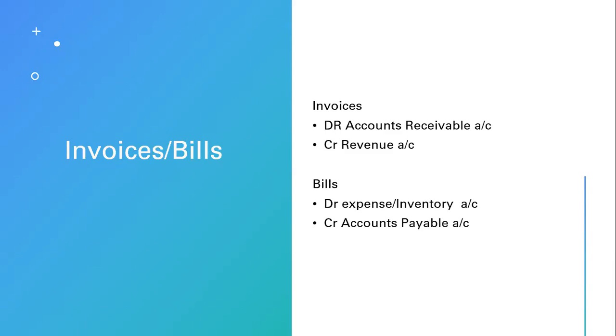When the goods are delivered to you or the service is rendered, you convert that into an approved bill. Once the bill is approved, the inventory or the expense account is debited, and the accounts payable account is credited.